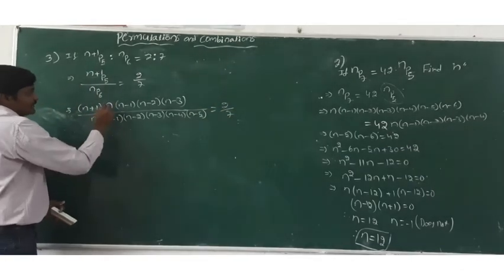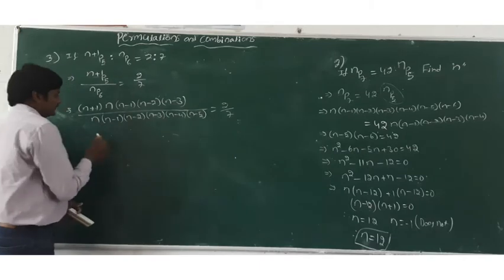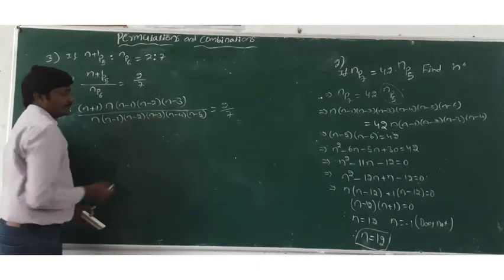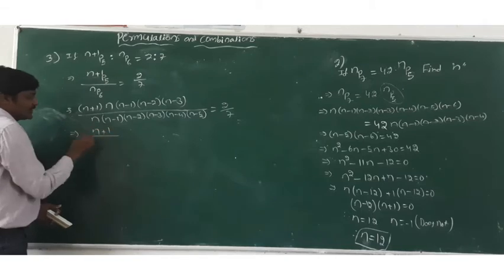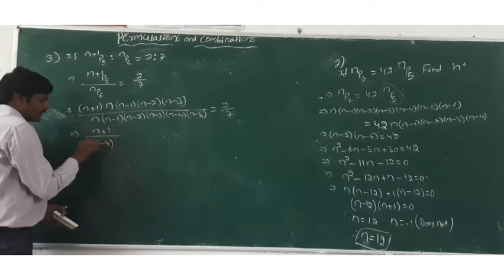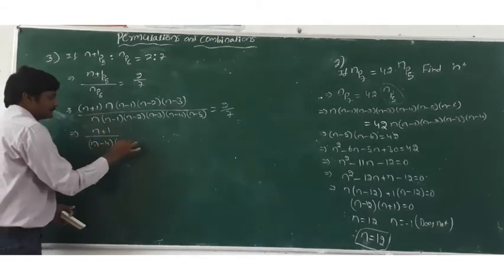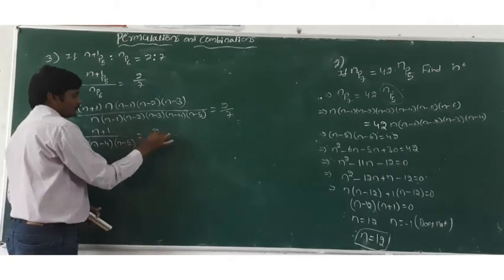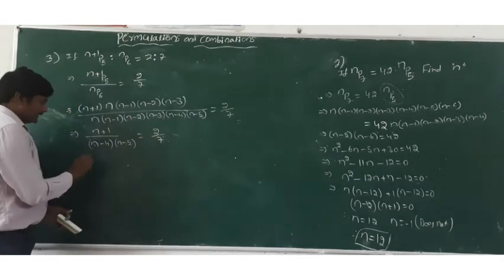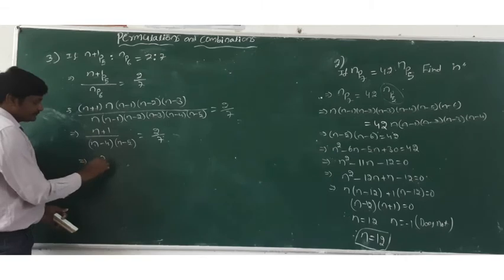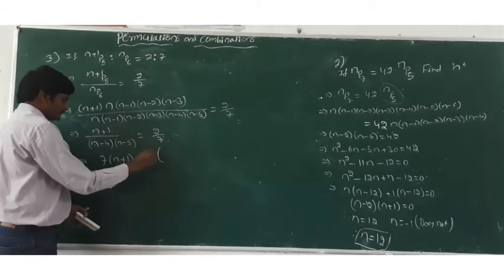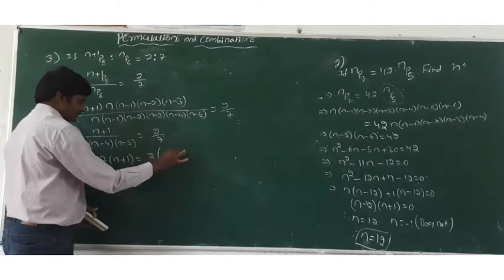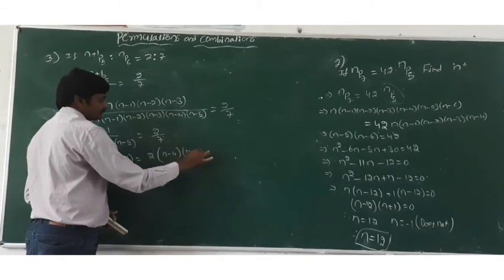Here n minus 1 through n minus 3 get cancelled. The remaining value is n plus 1 by n minus 4 into n minus 5 is equal to 2 by 7. Cross multiplying, 7 into n plus 1 is equal to 2 into n minus 4 into n minus 5.